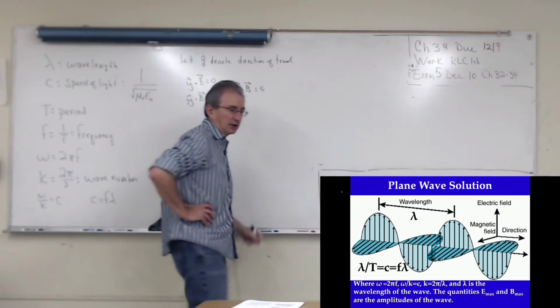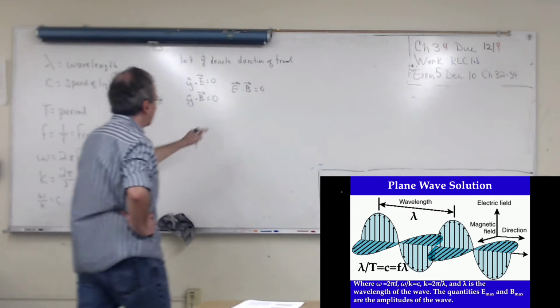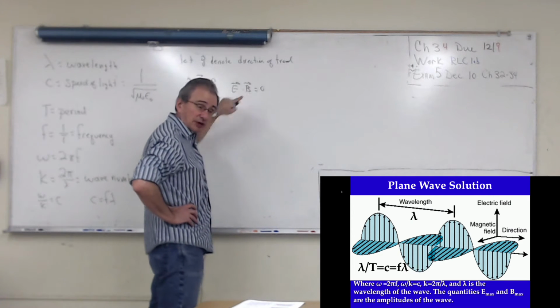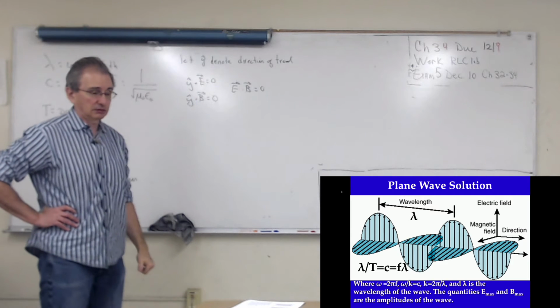It means they're all perpendicular to each other. Okay. Now remember that E and B are in phase, but their directions of oscillation are perpendicular to each other.